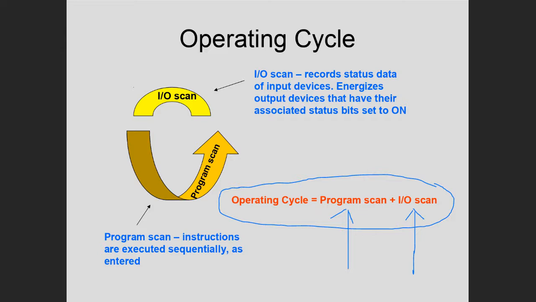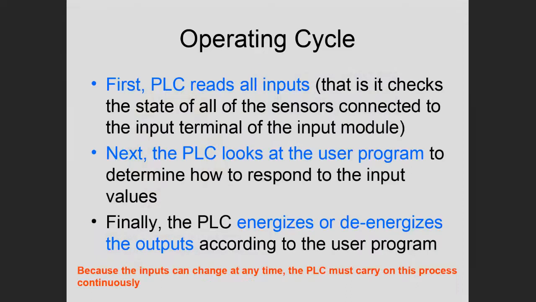The I/O scan records the status of data of the input devices, so those switches open or closed. If they're open, there's going to be a 0 stored. If they're closed, there's going to be a 1 stored for each individual button or switch. The program scan scans the program that you write to see what to do with those 0s or 1s. So this breaks it down in words.